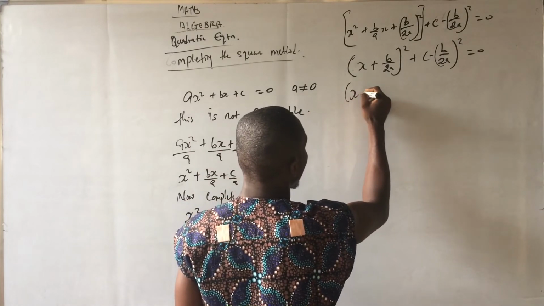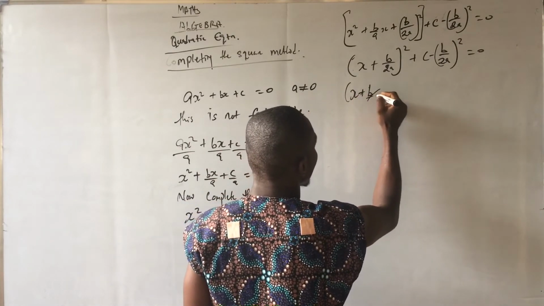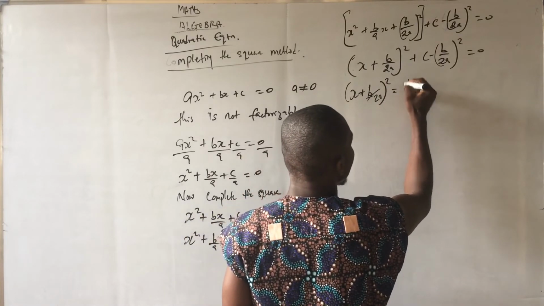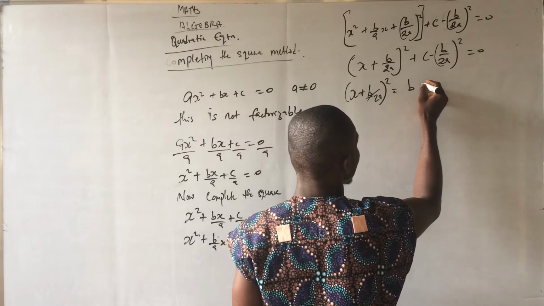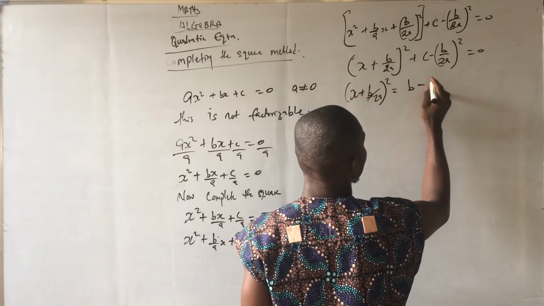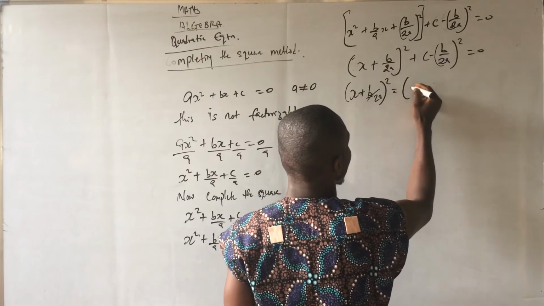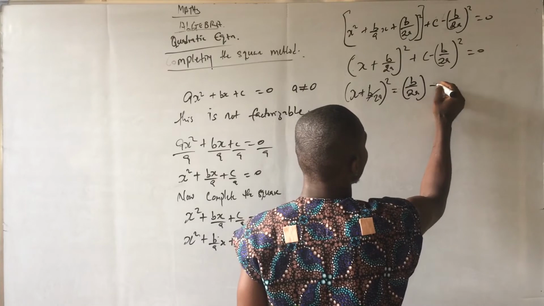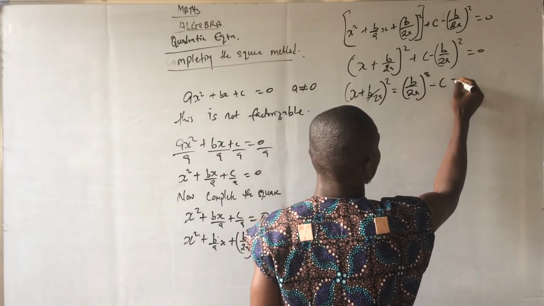We now have that x plus b over 2a raised to the power 2 is equal to b over 2a raised to the power 2 minus c.